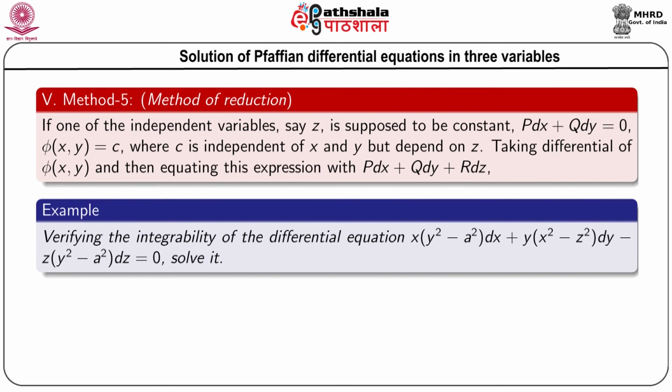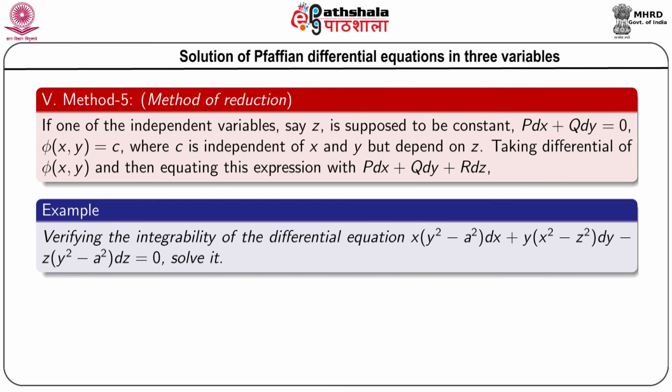And this is the fifth method, the method of reduction. In this method, we assume that one of the independent variables, say z, is constant. So, if z is constant, p dx plus q dy equals 0, and let it have the integral φ(x, y) equals c.